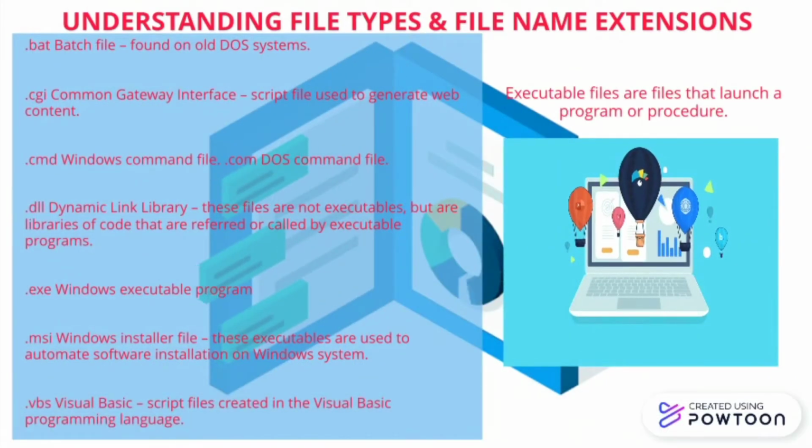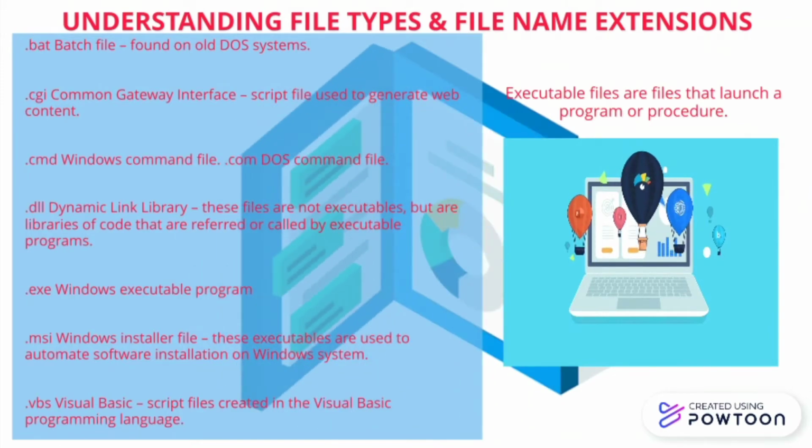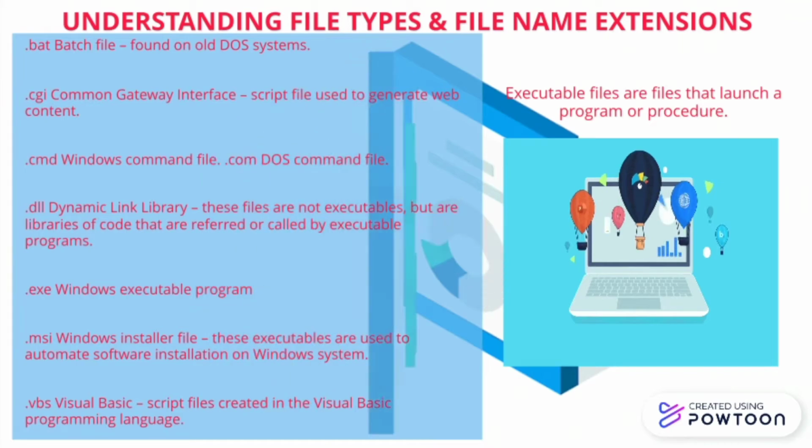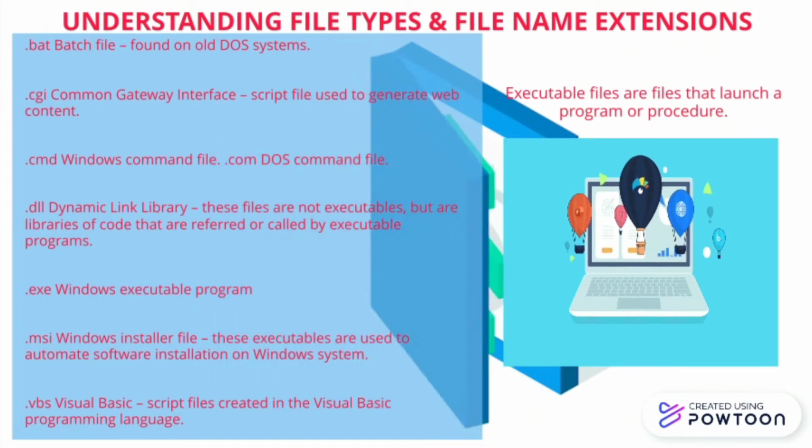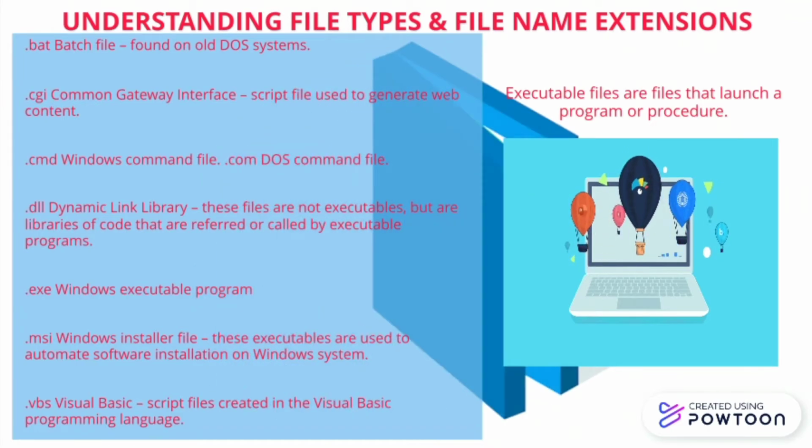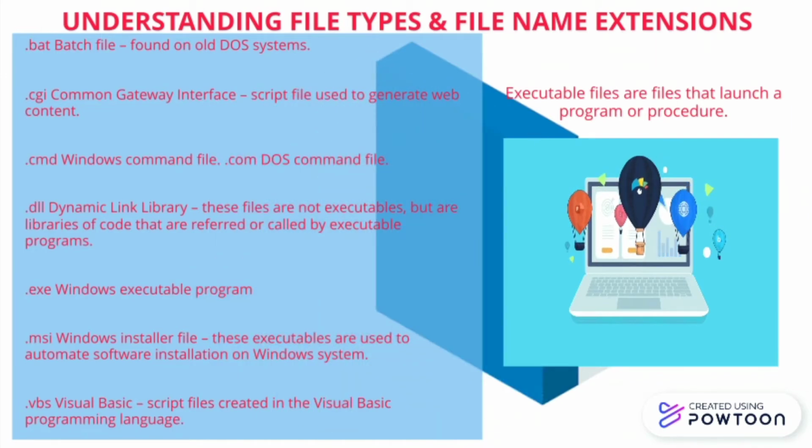Executable files are files that launch a program or procedure. .bat, batch file, found on old DOS systems. .cgi, Common Gateway Interface, script file used to generate web content. .cmd, Windows command file. .com, DOS command file. .dll, Dynamic Link Library.